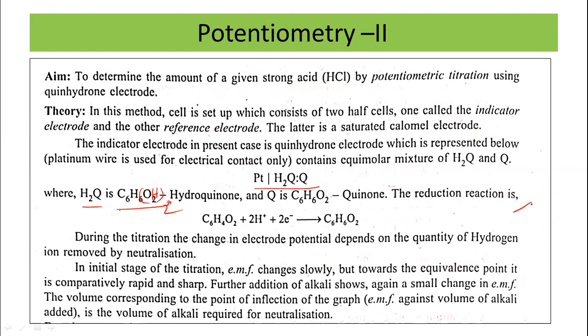So this is hydroquinone, C6H6O2. And quinone is obtained by removing the two hydrogens from this. So quinone can be represented in this way. This is quinone.